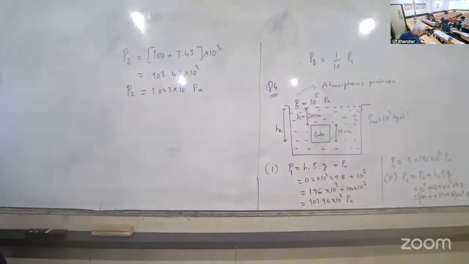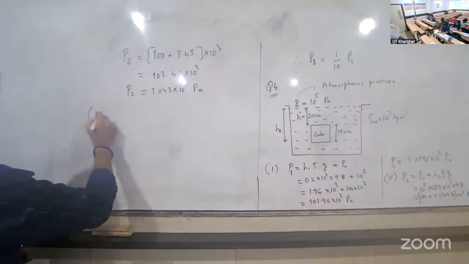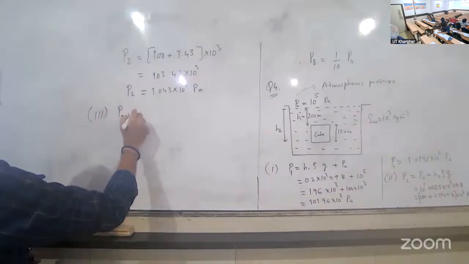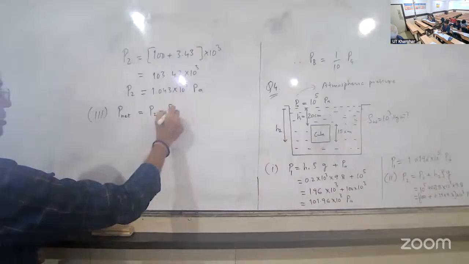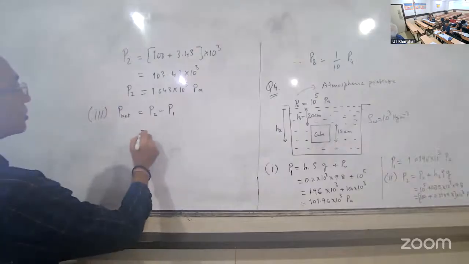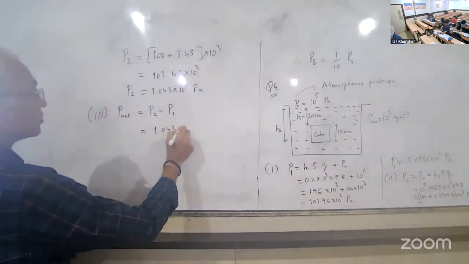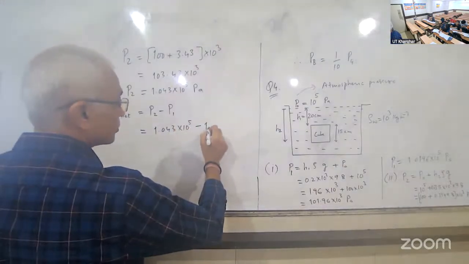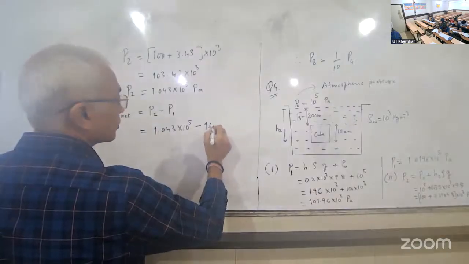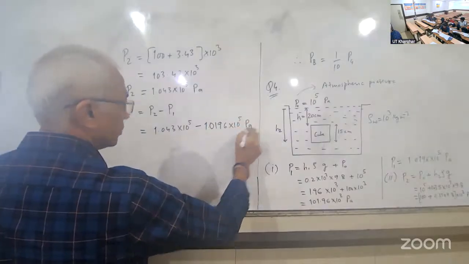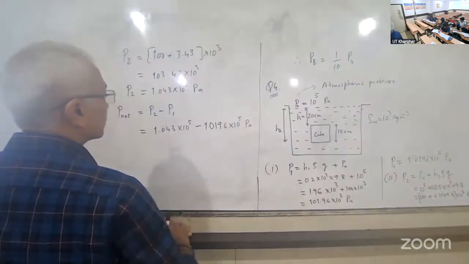Then in the third part, you have to find the resultant pressure. So what is the resultant pressure? The resultant or net pressure is P2 minus P1. So this will be what? This is the resultant pressure.